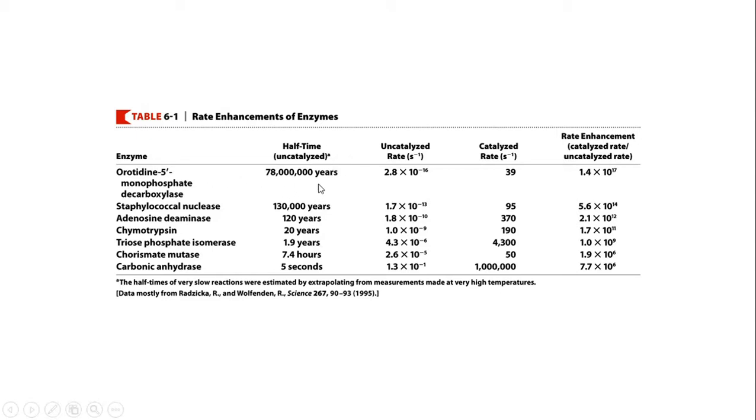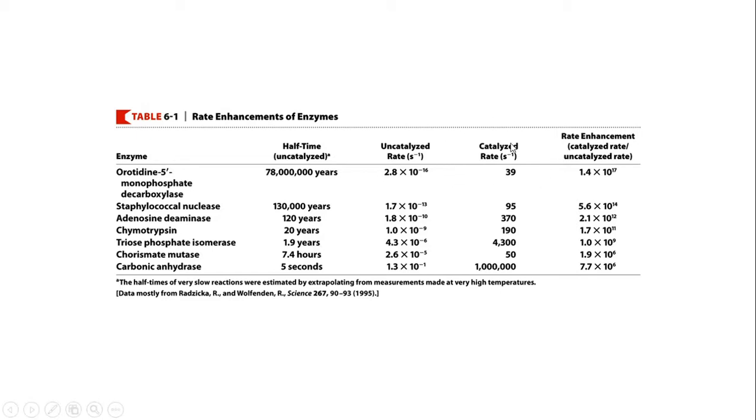This is 78 million years. The uncatalyzed rate, these are first order reactions, so we have a rate of 1 over s, or 1 over seconds, 2.8 times 10 to the negative 16.